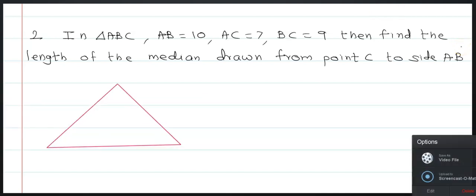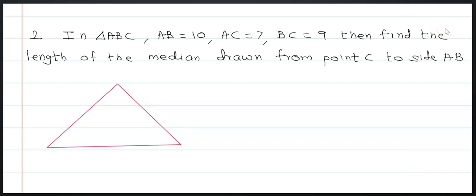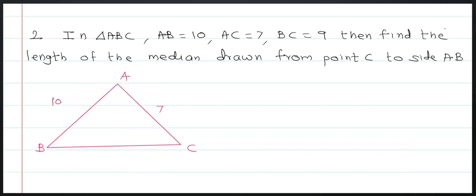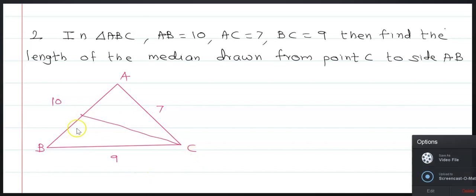This is triangle ABC. Now from the point C we will draw the median. We are given that AB is 10, AC is equal to 7, BC is 9. We will draw the median from point C. Now this is the median.